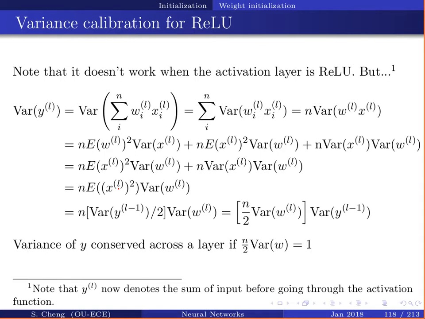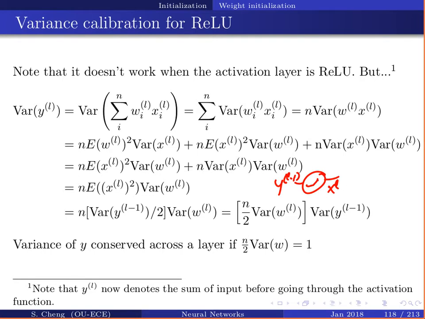Let me draw it again; drawing it here is better. So we have XL here, this has a ReLU layer, and that's YL here, and YL minus 1 here.